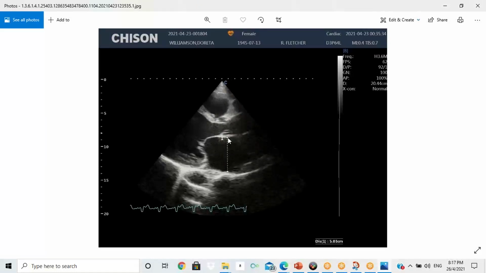Your left atrial dimension, of course, should be done at the level of the sinus of Valsalva, and it's a systolic measurement.